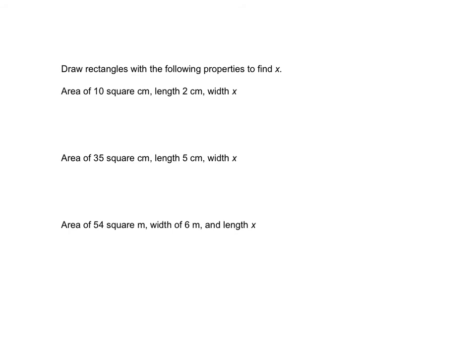So we've got an area of 10 square centimeters, a length of 2 centimeters, and an unknown width. So draw your rectangle. We've got a length of 2, and we're not sure what our width is. We know that that's x. So let's put 2 centimeters in and x for our width.